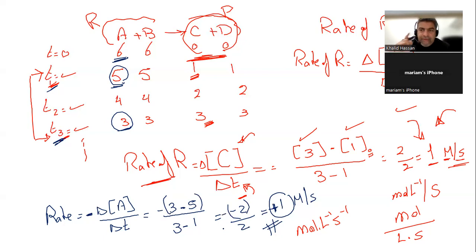So what is the difference? When you are calculating your rate of reaction depending on reactants, you have to insert a negative sign.